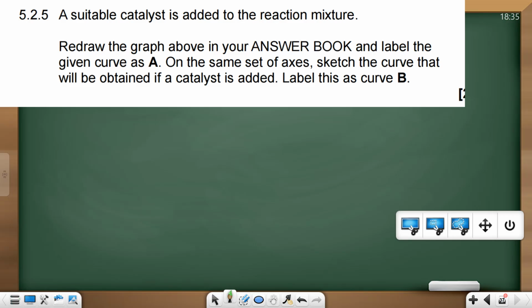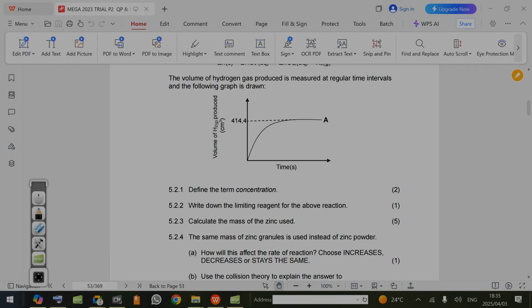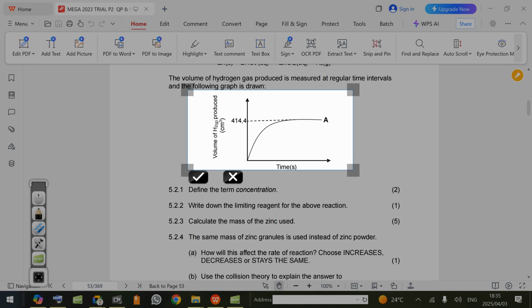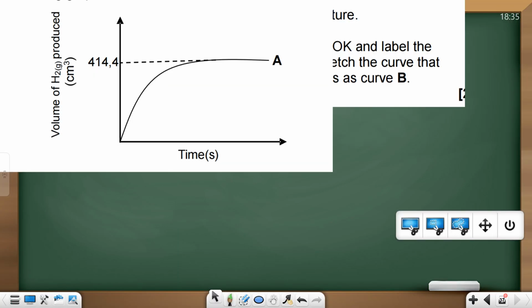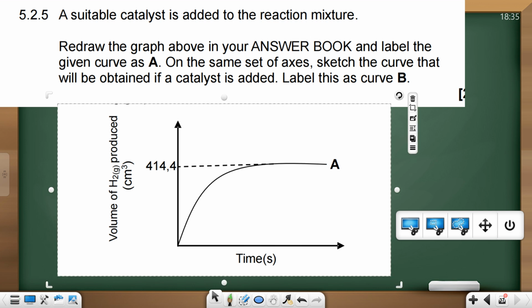I'm just going to copy that graph again. Redraw the graph above in your answer book and label this given as A. On the same set of axes, sketch the curve that will be obtained when catalyst is added.